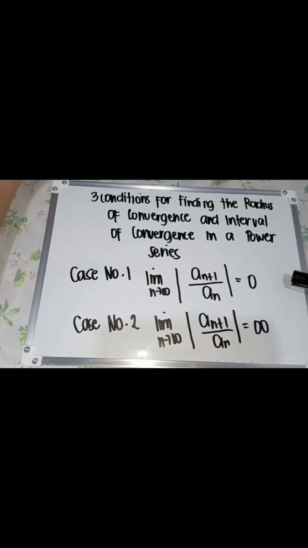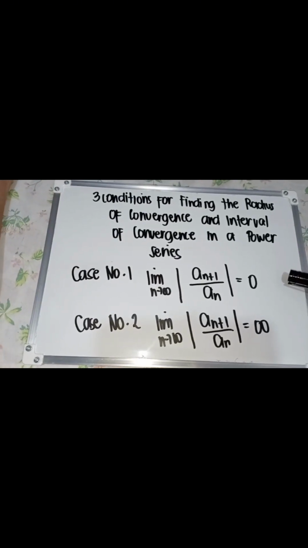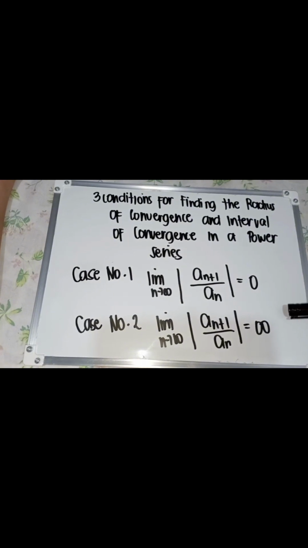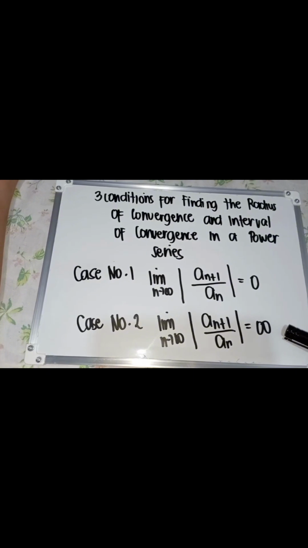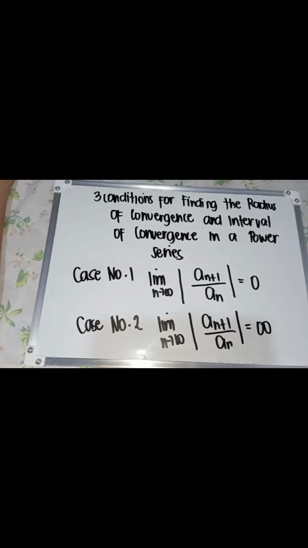While in case number 2, which implies that for any x not equal to a, the ratio test gives a value greater than 1, meaning the power series diverges everywhere except when x is equal to a. The radius of convergence is 0.